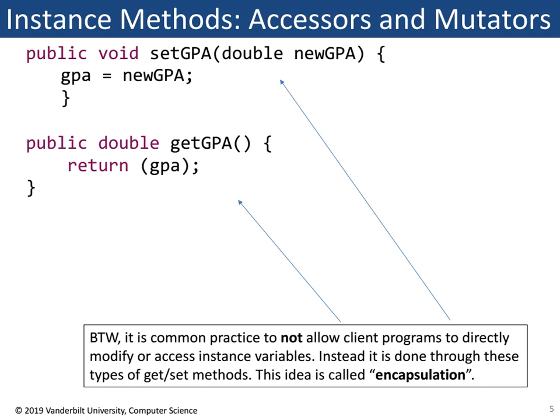To encapsulate GPA so that we don't have to allow a user of this class to have direct access to the instance variable GPA, it's better to code mutator and accessor methods. So setGPA would be a mutator, while getGPA is an accessor method.